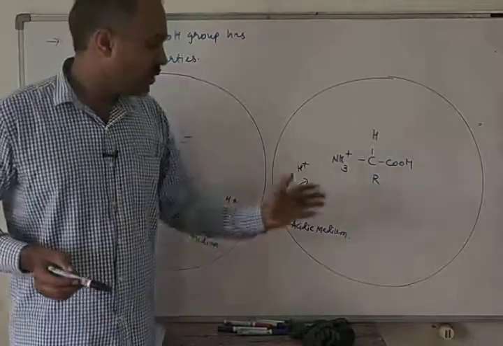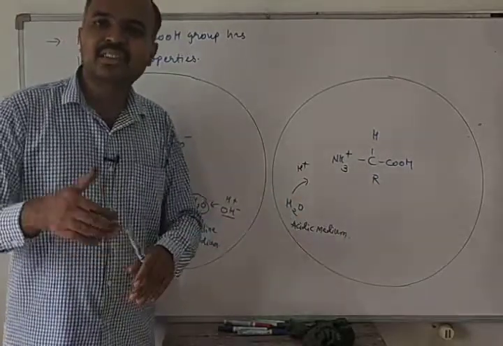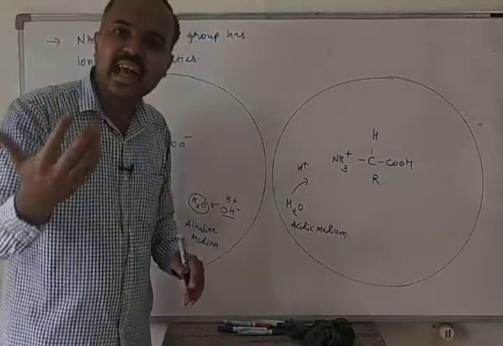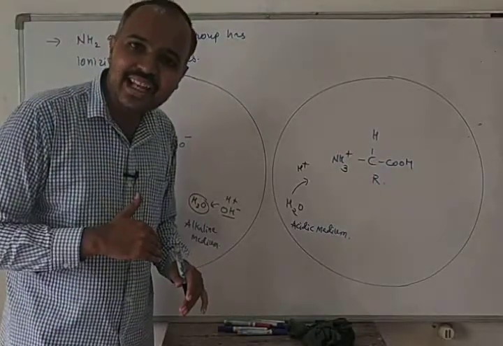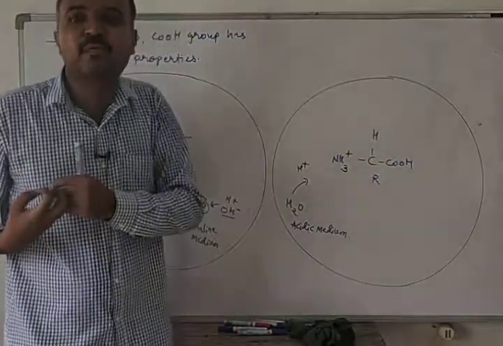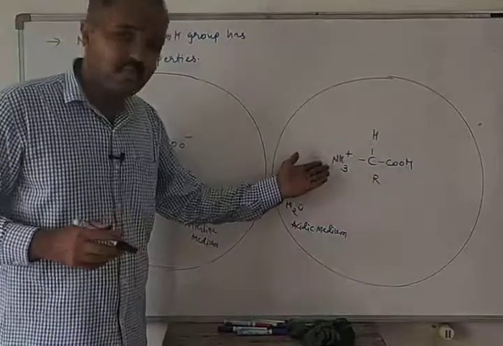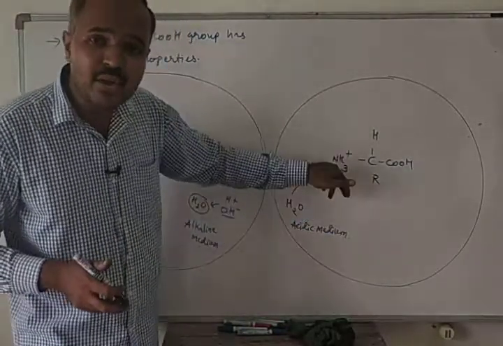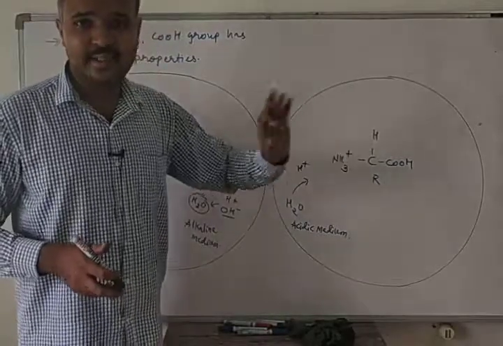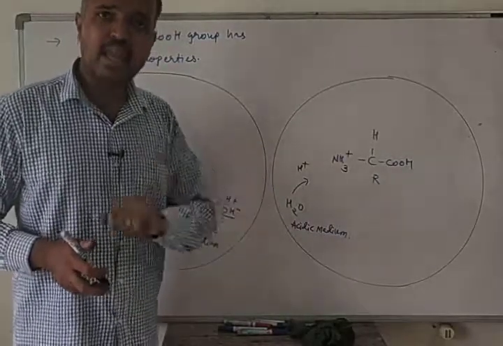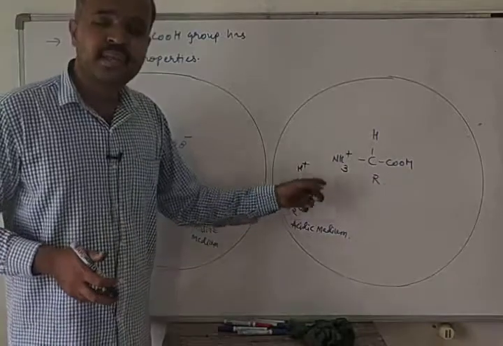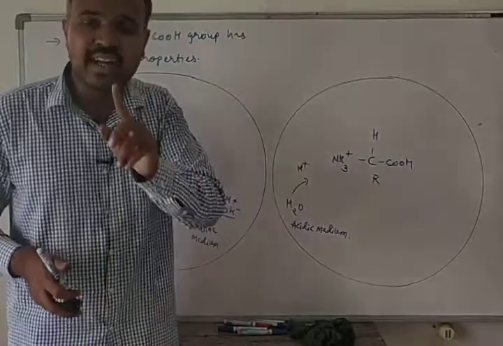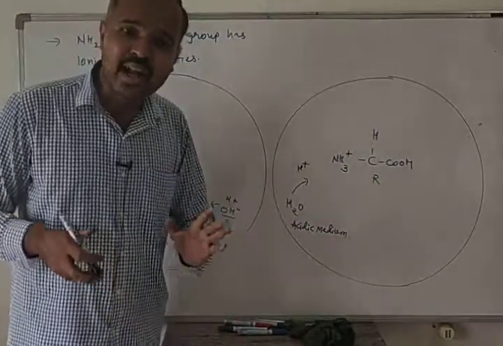In the acidic medium, amino acids work as alkali and they receive hydrogen from the medium, and this extra hydrogen gets incorporated in the amino part, and that's why positive charge develops. So this proves that the amino group can also get ionized.